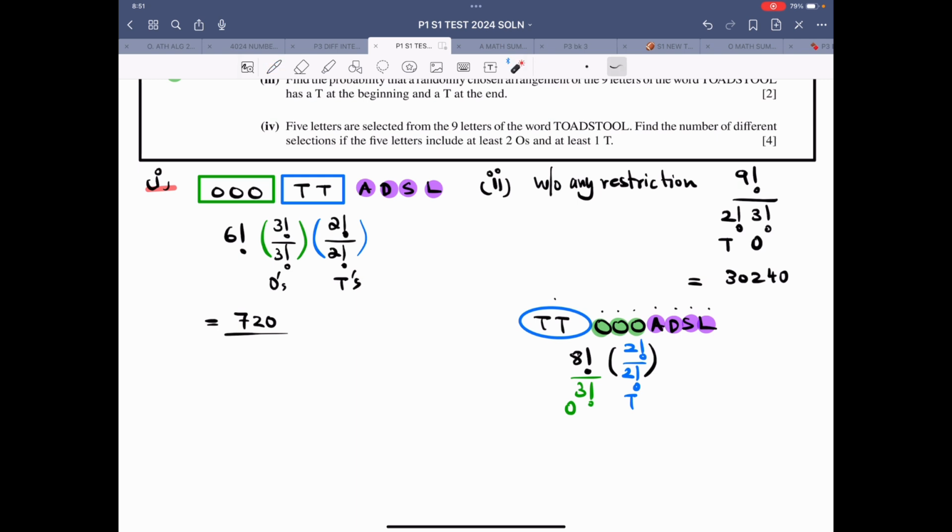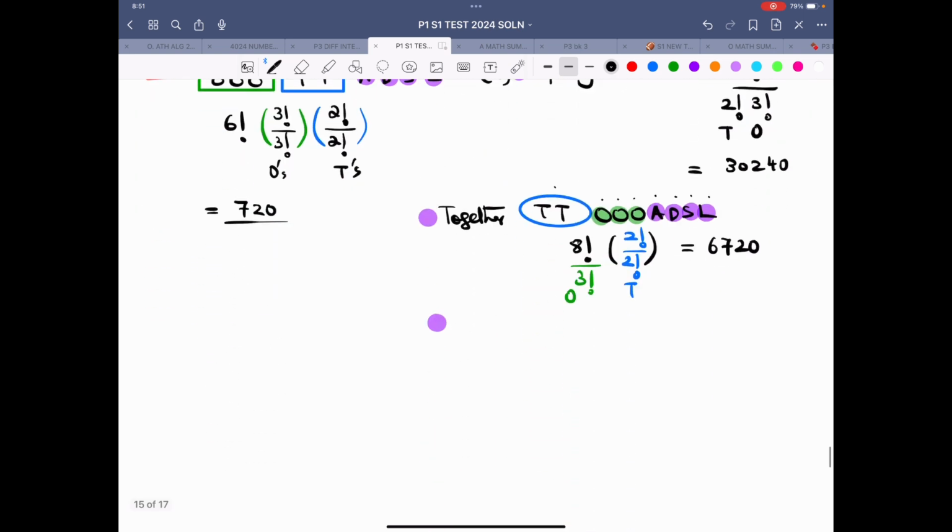So again, simplify your working. This is 1. This is 8 factorial over 3 factorial. And this is coming out to be 6720. This is the 2 T's are together. This is without any restriction. This is together. Therefore, what am I interested in? The 2 T's are not together.